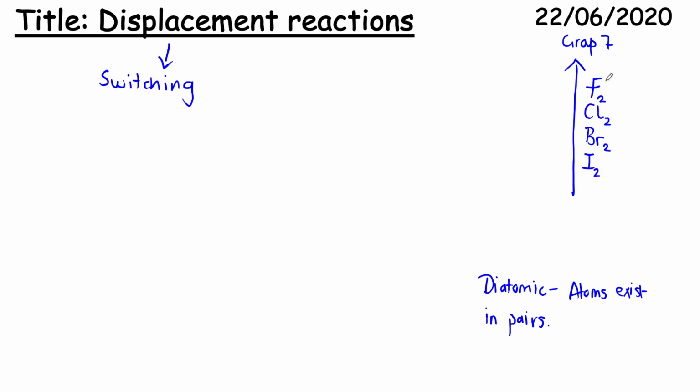And that shows that fluorine exists as a pair, two fluorines bonded together like this. So fluorine, chlorine, bromine, and iodine are all simple molecules and they're all diatomic. They exist as pairs. So now we know that fluorine is the most reactive element, and iodine at the very bottom here must be the least reactive.